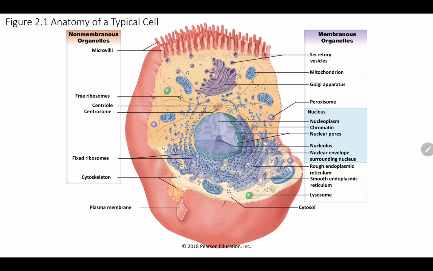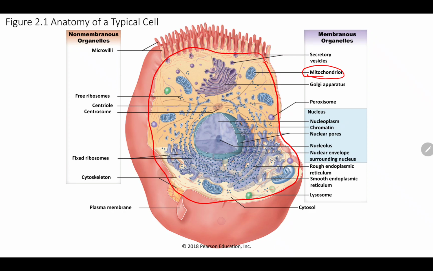Remember the cell. It's surrounded and protected by the cell membrane, on the outside surface of the cell, protecting it from the exterior. Remember the organelles, of course, but remember some of those key organelles.